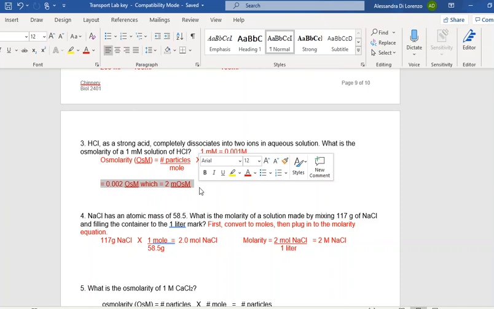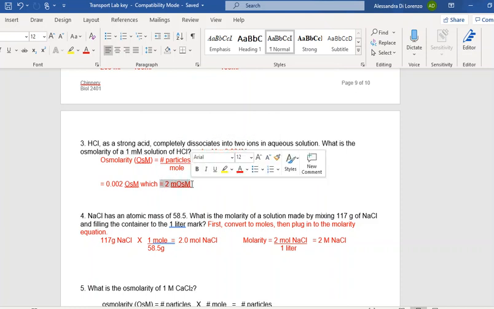Or you could just keep the millimolarity and come up with a milliosmolarity right away. This is a little bit more complicated way to do it.